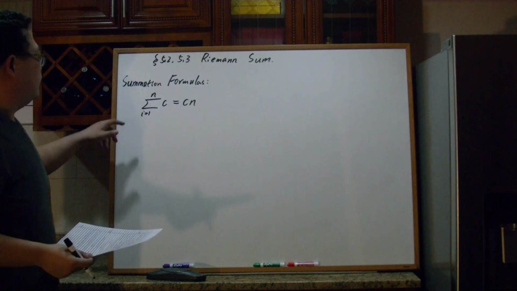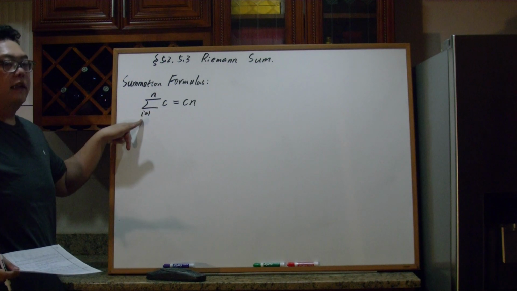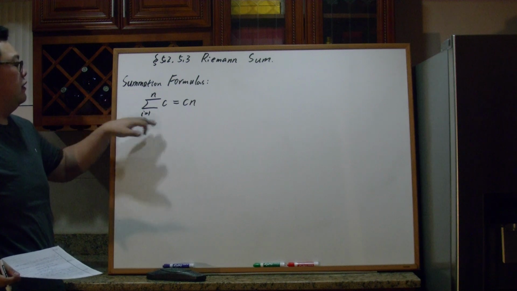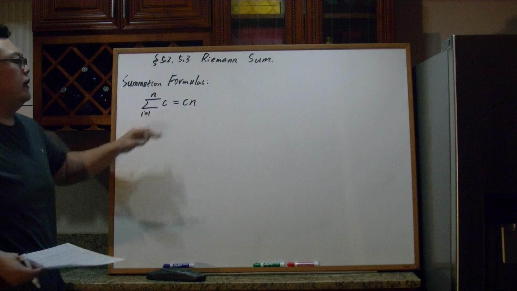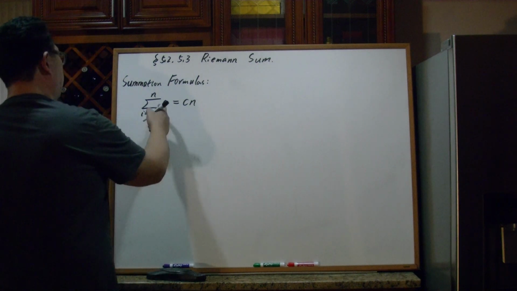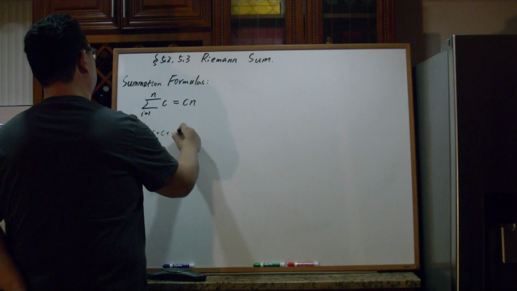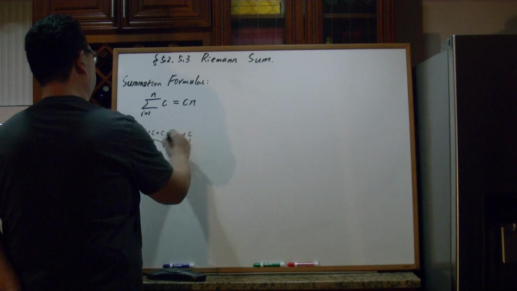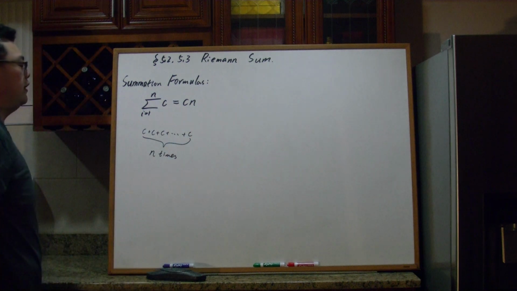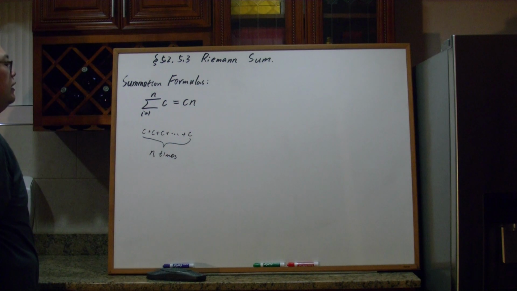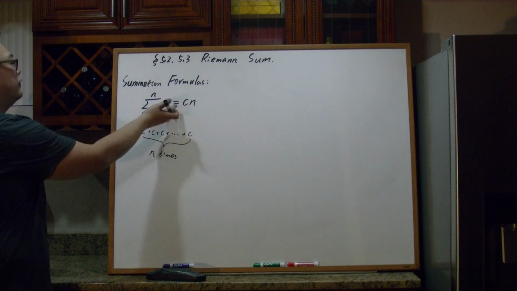We have the notation: the summation of a constant c for i taking values from 1 to n. We don't see i, but it simply means we're adding c n times. That's c plus c plus c plus c, n times. And intuitively, of course, multiplication comes from addition.